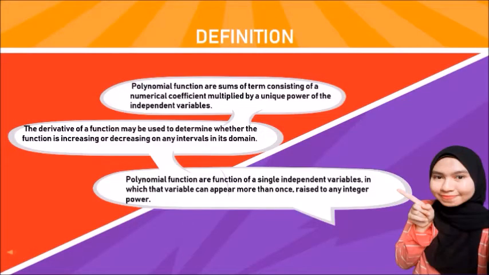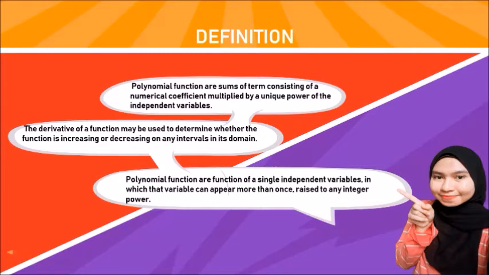Next, let's move to the definition of polynomial function. So, what is the polynomial function? Polynomial functions are sums of terms consisting of a numerical coefficient multiplied by a unique power of the independent variables.